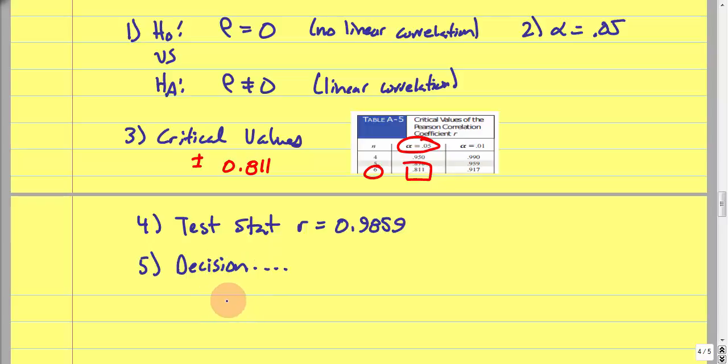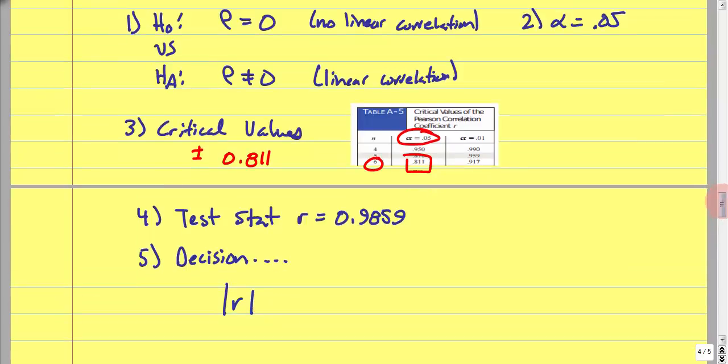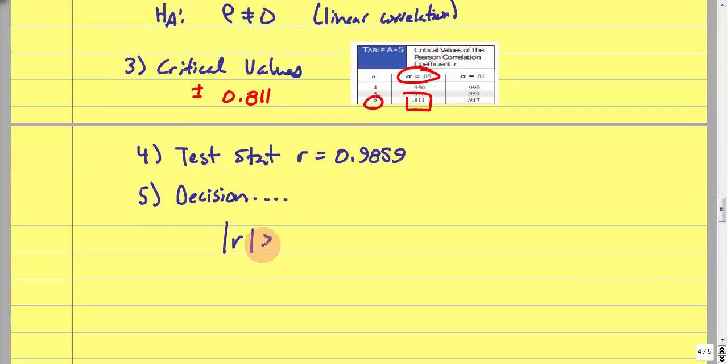We make a decision here by looking at the absolute value of R and seeing if it's greater than our critical value or less than our critical value. Well, we can see pretty clearly here that it's going to be greater than our critical value. So we have the absolute value of R, which is 0.9859, and it is greater than our critical value of 0.811.